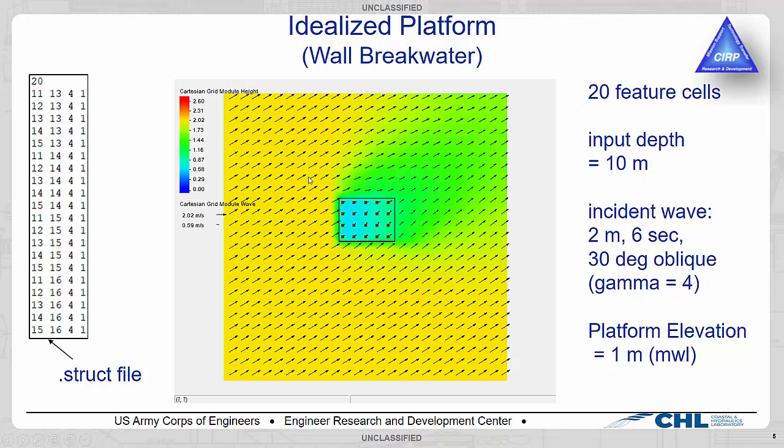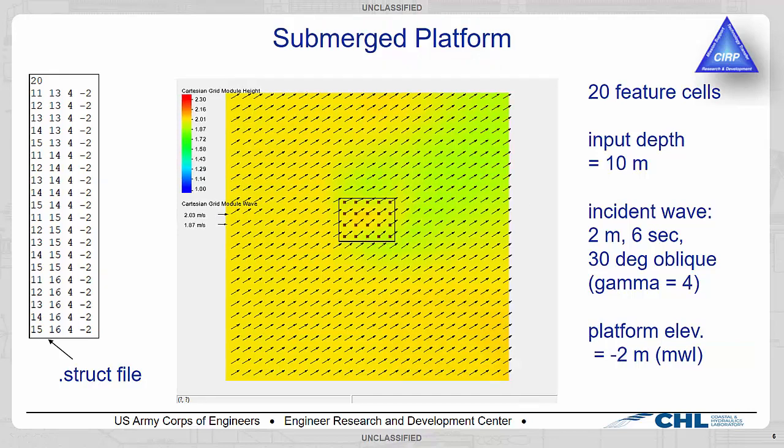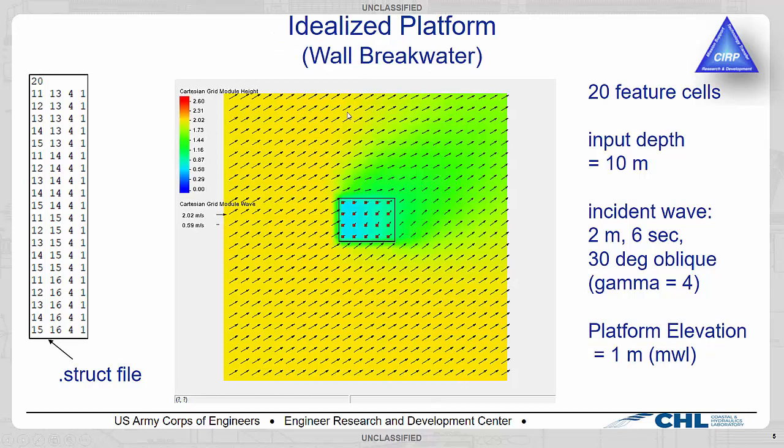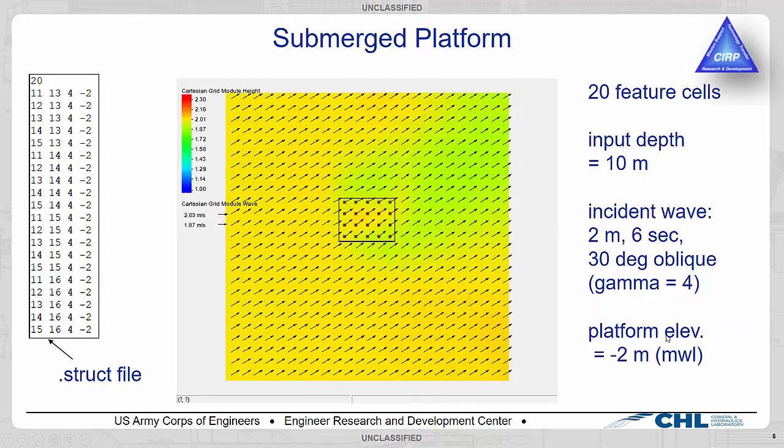The final option that I'm showing is a submerged platform. It's the same structure type, so it's still that wall breakwater. However, this time for the platform elevation, we're specifying -2 meters, so that's 2 meters below the surface of the water. You see from this that there's not as much reduction of energy.